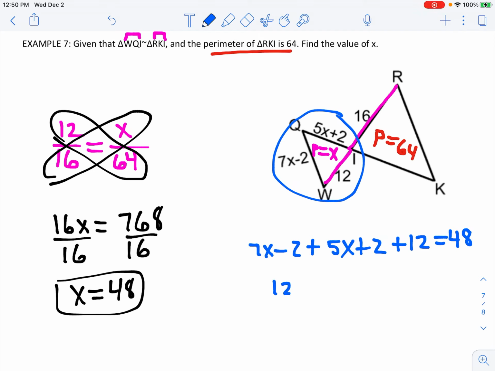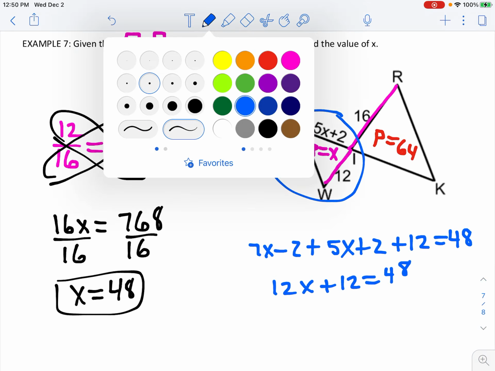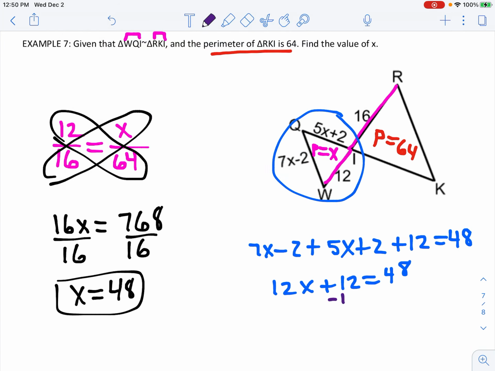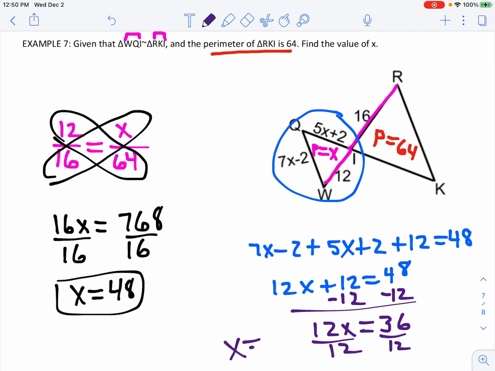Now, if I do that, I get 12x plus 12 equals 48. If I subtract 12 over, I get 12x equals 36. Divide by 12, and we get x equals 3.